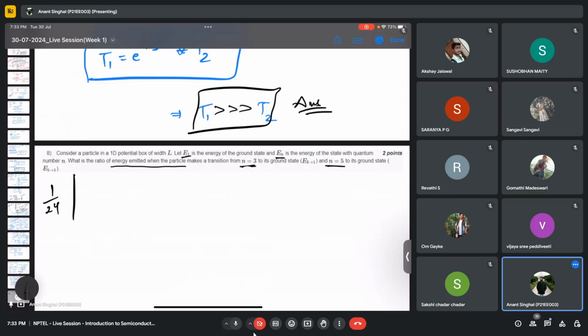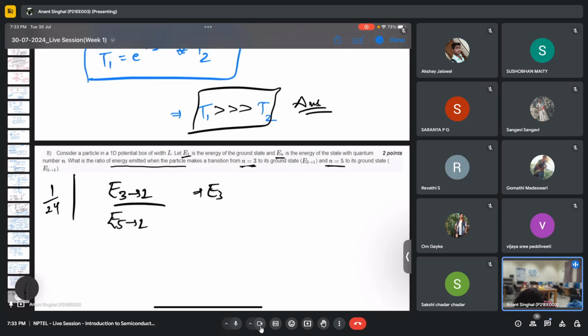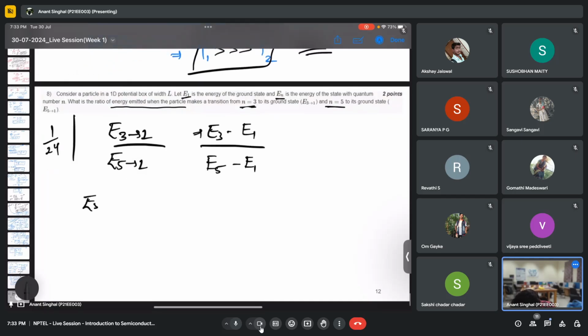Okay, so let me try to solve it. What we need to find out is from 3 to 1 to 5 to 1. So for 3 to 1, we need to have E3 minus E1, and for 5 to 1, we need to have E5 minus E1. E3 minus E1 will be 9 n square h square by 8 ml square minus h square by 8 ml square. So this will be 8, so this will get cancelled.